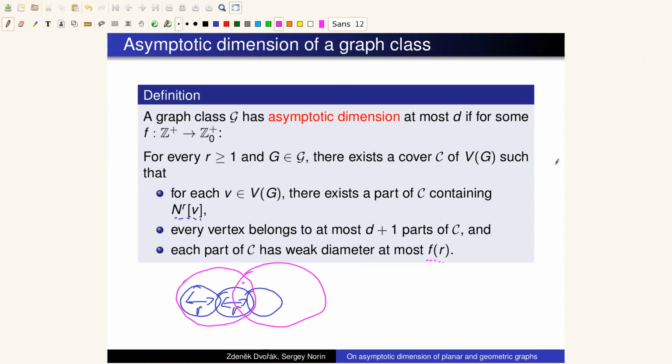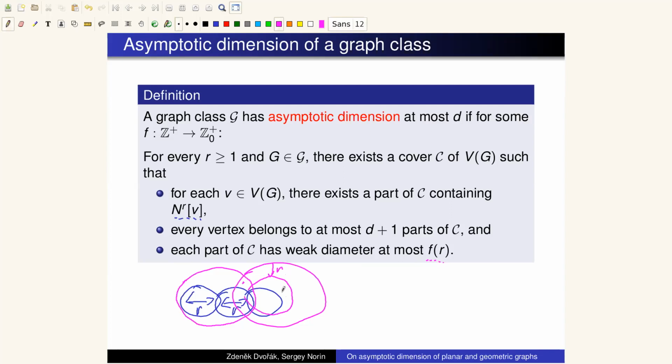We can play with it a little bit. One way to play with it is that instead of considering covers, you can consider partitions of the vertices of your graph. And how you do that is that you imagine you have this cover, and now you shrink every set by R. So remove from every set everything which is at distance R from its boundary or whatever.